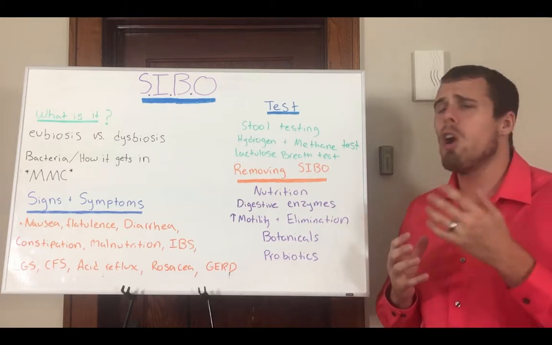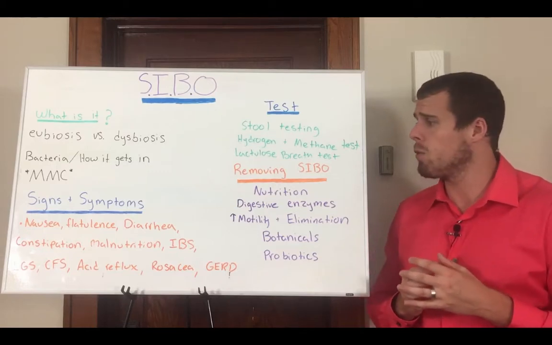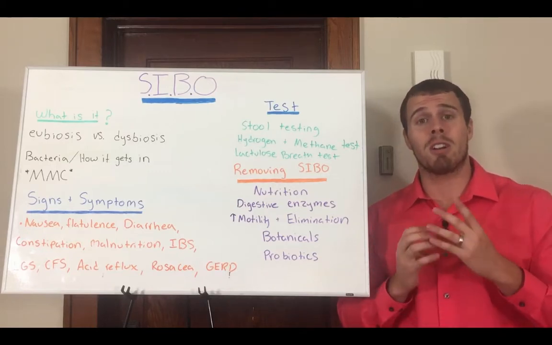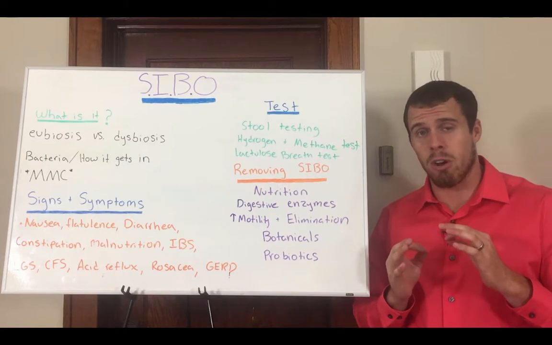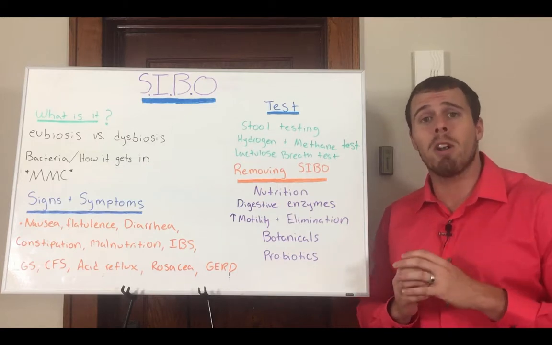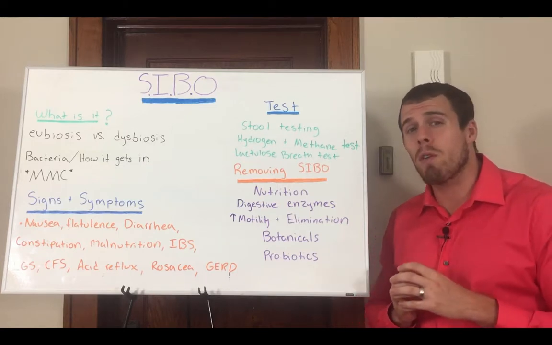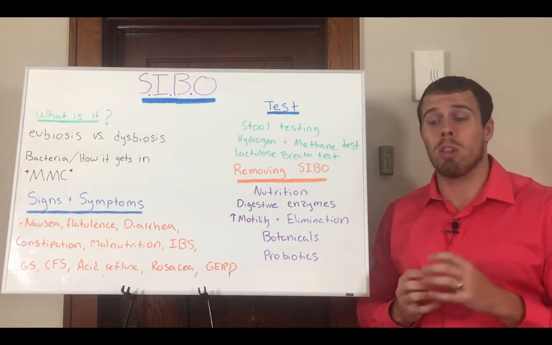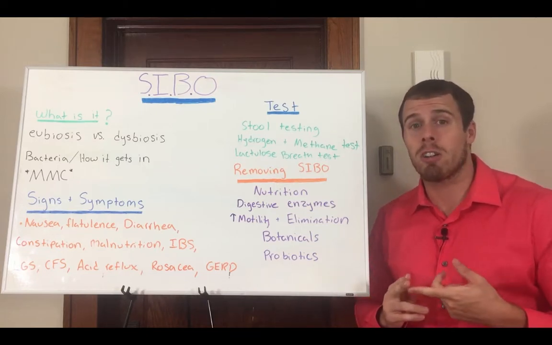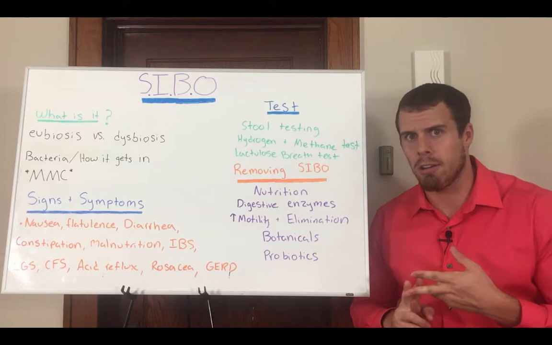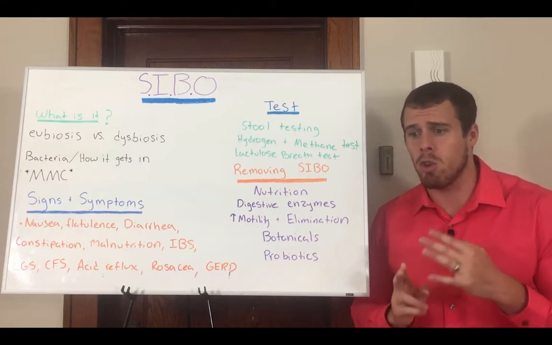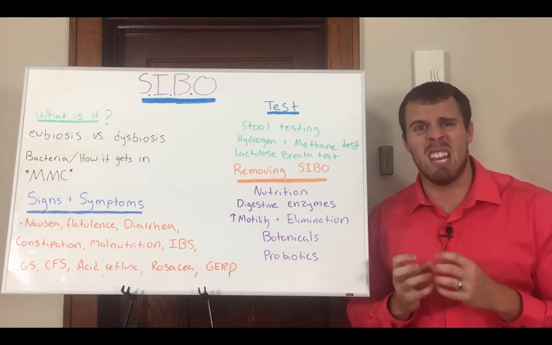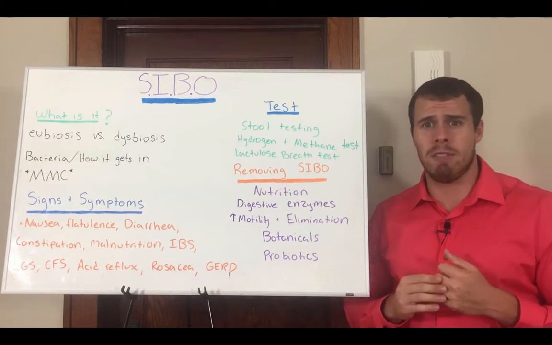And then how do we remove this small bacterial overgrowth? Well, like with anything, we're going to start with nutrition because nutrition is priority number one. And typically what we want to do is eliminate more of those complex or longer chain carbohydrates, such as our disaccharides and our oligosaccharides. And we want to limit mainly to monosaccharides, which are easier to break down and don't require a lot of energy.